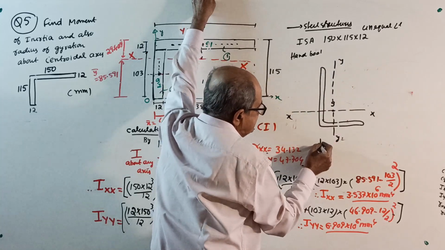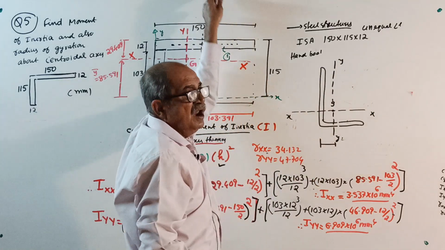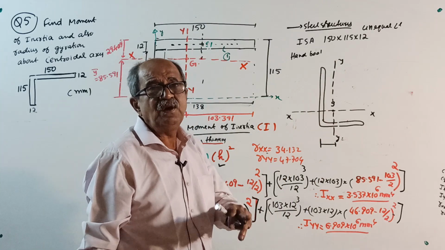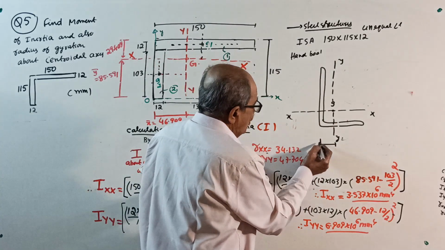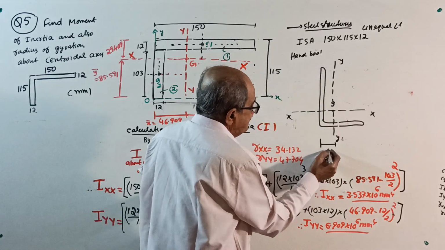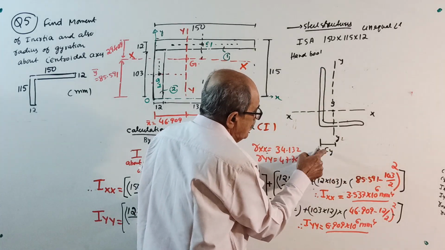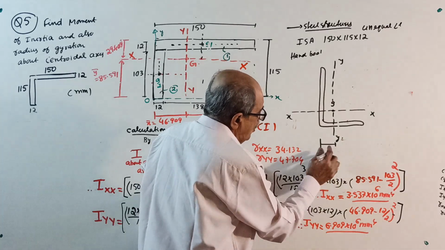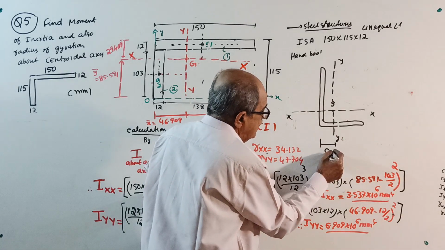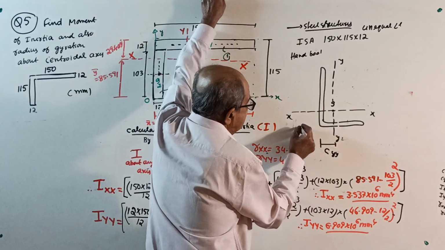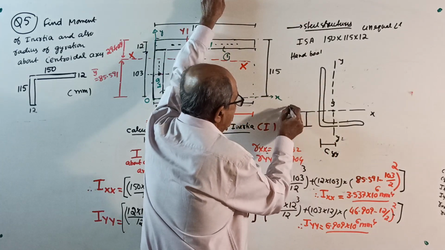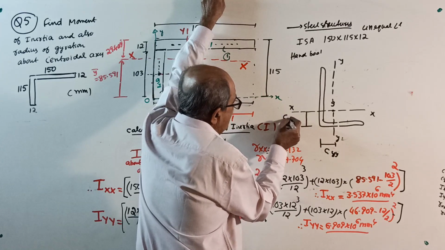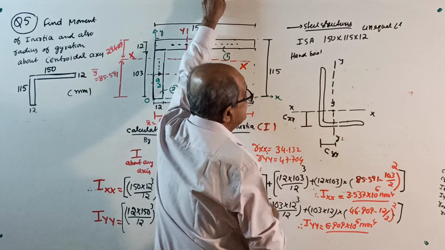And this distance, we call x bar, but no, they called it the centroidal distance for the y-y axis. See, centroidal distance for the y-y axis. This distance they called, this is the x-x axis, the centroidal distance for the x-x axis.